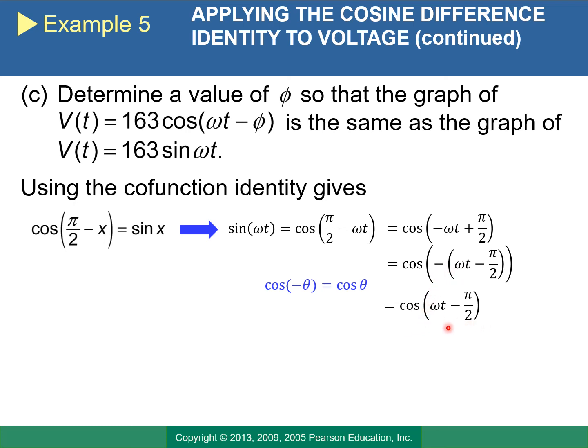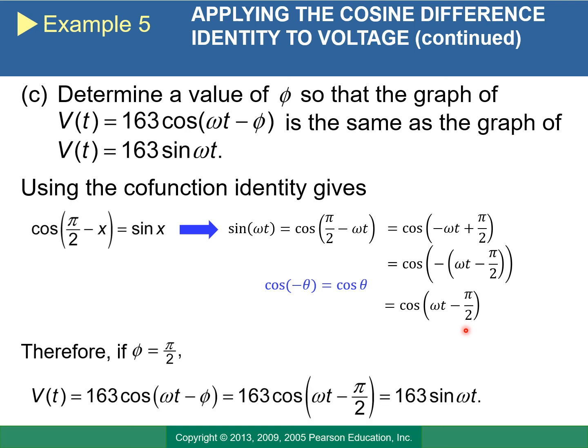And so this is exactly what we were asked to find. Cosine of omega t minus phi. So that means pi over 2 is in fact our number we were looking for, phi. So therefore phi is pi over 2. And so our voltage function can be rewritten either with cosine or with sine. Okay. So we rewrote our sine function here in terms of cosine.